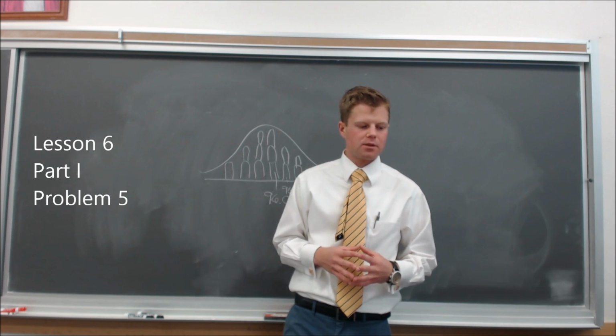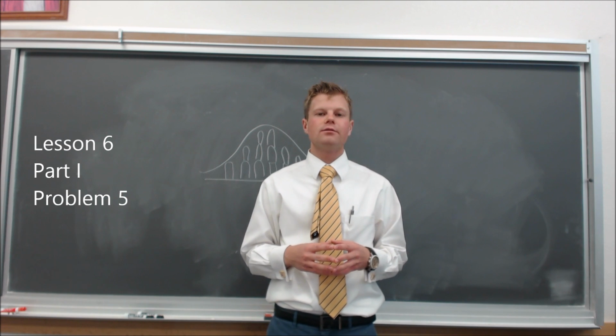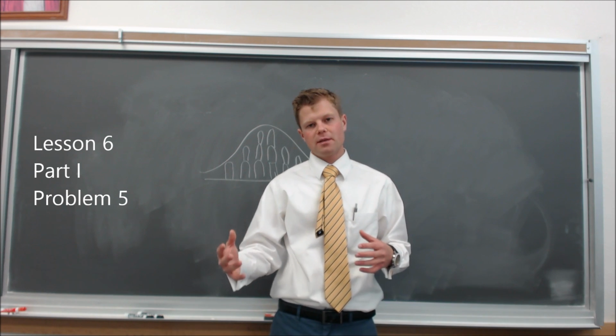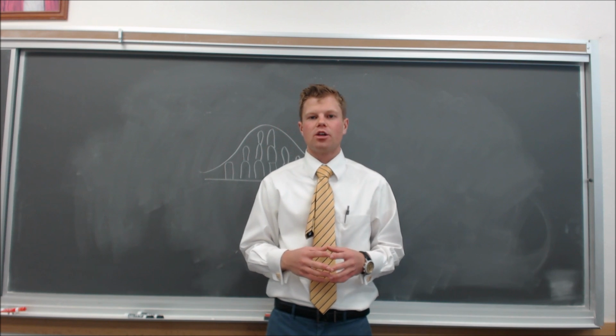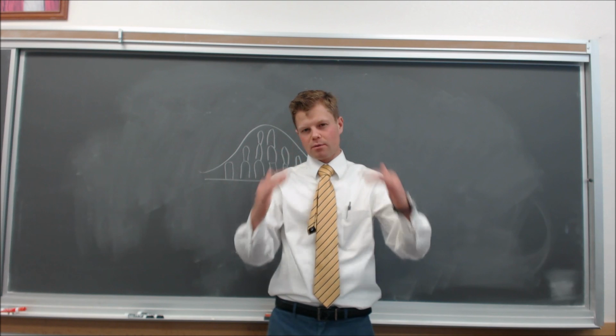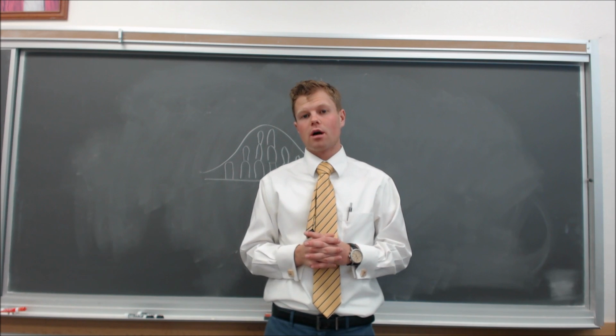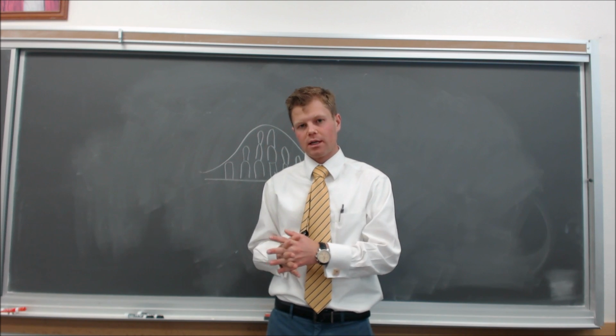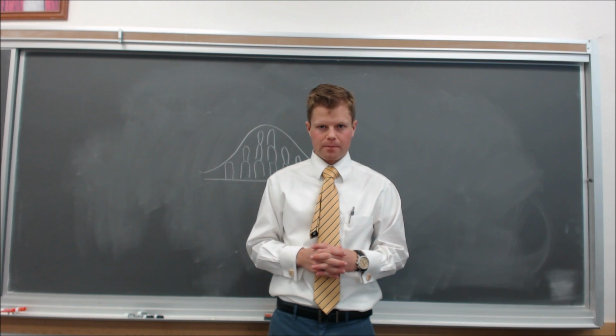Question 5. What is the difference between the central limit theorem and the law of large numbers? Okay, so the central limit theorem says that as the sample size increases, the distribution of sample means will become more approximately normal. It will get closer and closer to normal.